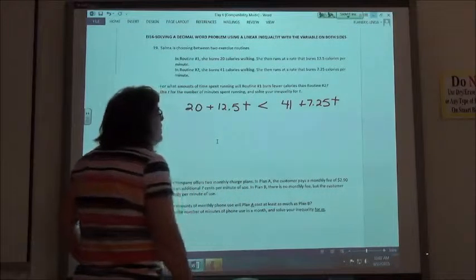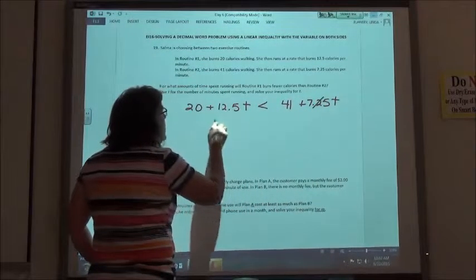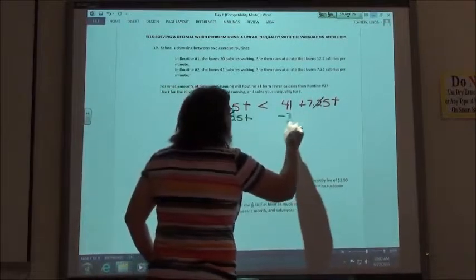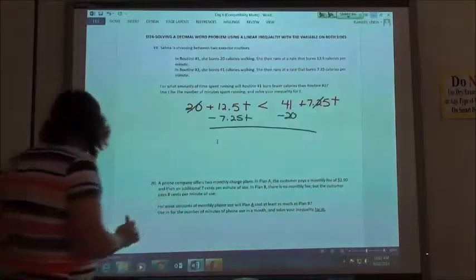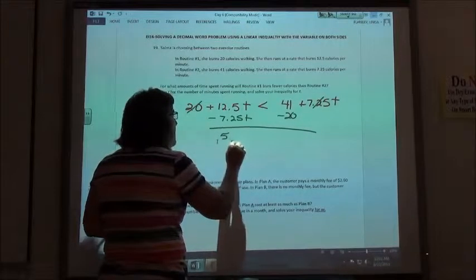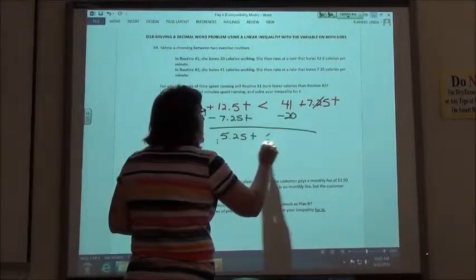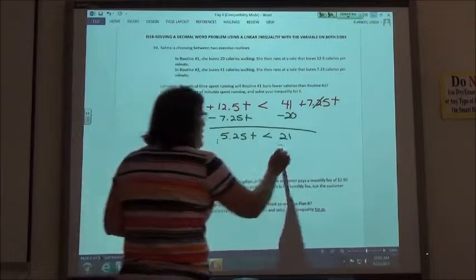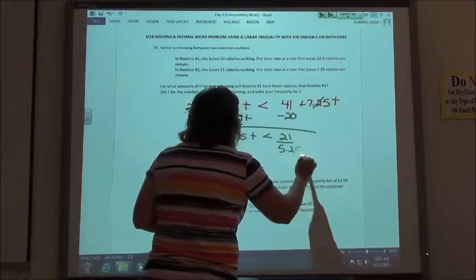So if I'm going to solve this one, I'm going to subtract my 7.25T and subtract my 20. So 12.5 minus 7.25 is 5.25. T is less than 41 minus 20, which is 21, and then I'm going to divide.